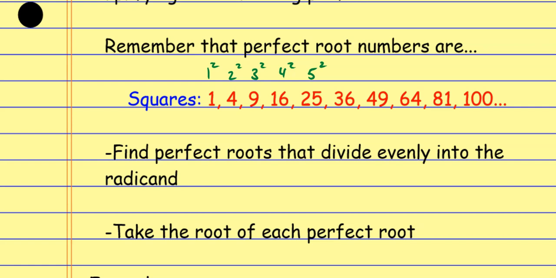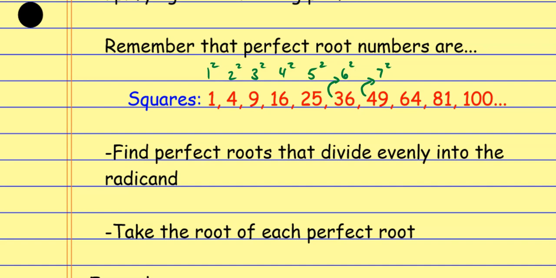So 5 squared is 25. When I undo that, when I take the square root, it brings me back to the 5. Like this one, this brings me back to a 6 because 36 was 6 squared. 49 brings me back to a 7 because that was 7 squared. That's what roots do: they do the opposite of raising something to a power. So we're working backwards in that regard.